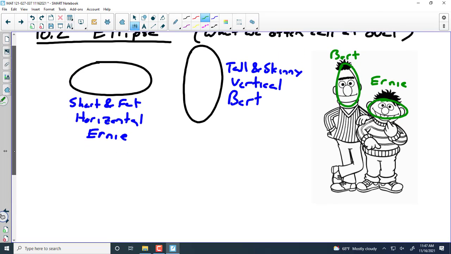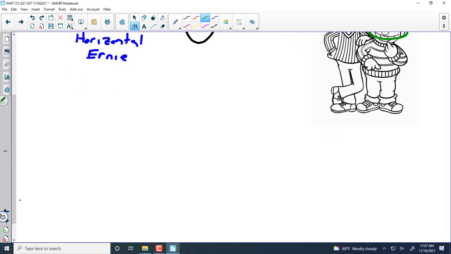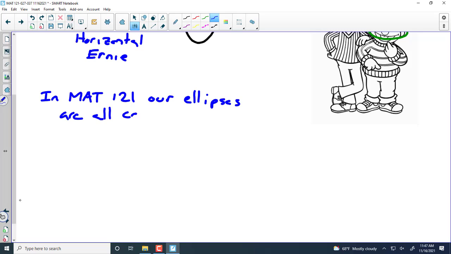So we're going to learn how to draw these oval shapes, these ellipses. In Math 121, our ellipses are all centered at the origin, 0, 0.